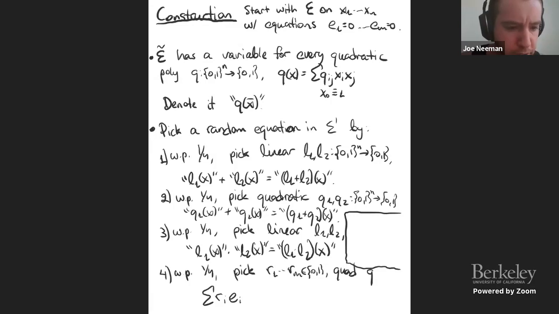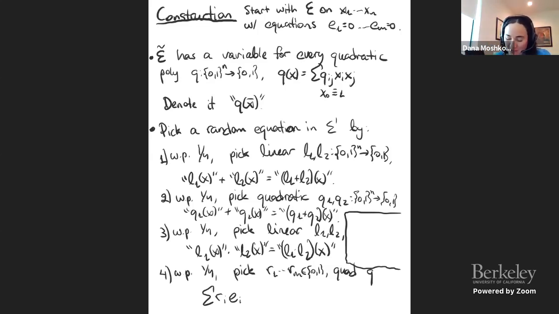I can see up to and including the bit that says sum of ri Ei. I don't know if there's anything below that, but that's what I can see. I can only speak for myself. Okay, so let me use the iPad, I have another line to write. So let me use it.